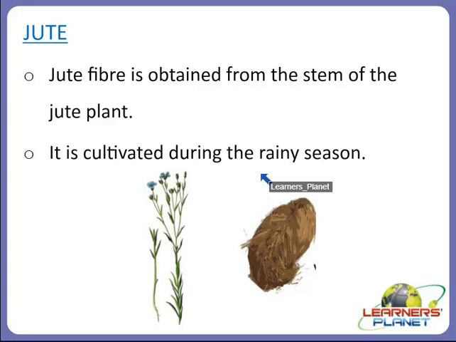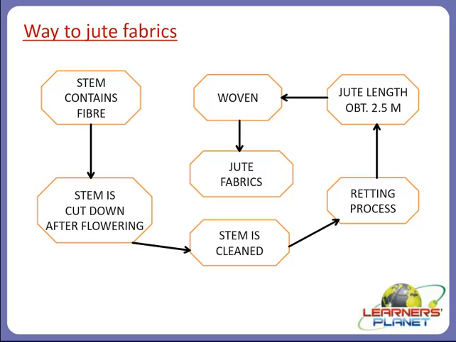So to make jute fabrics, all these jute fibers are first converted into yarns. So what can we say about jute? Yes, jute is one of the strongest natural fibers.